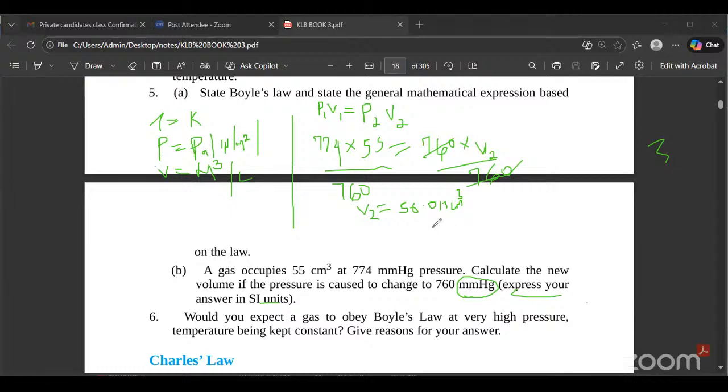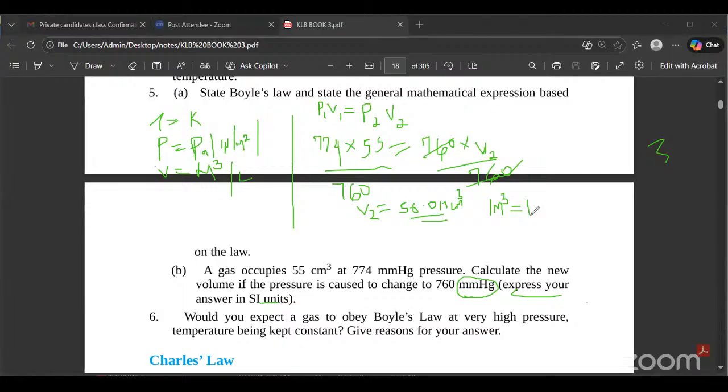So we have the answer. If someone stops here, and the question was 3 marks, you score 2 because you have not converted. In the conversion you must show your working.